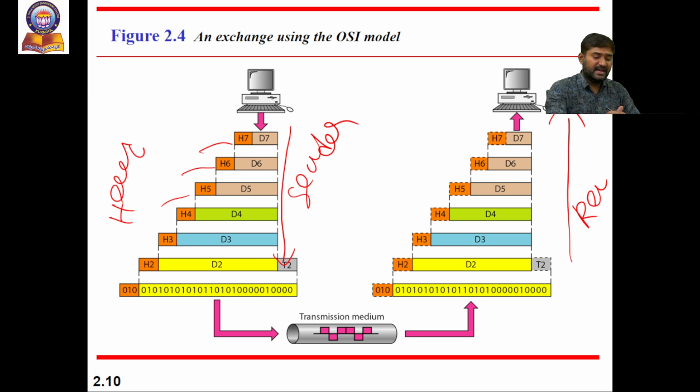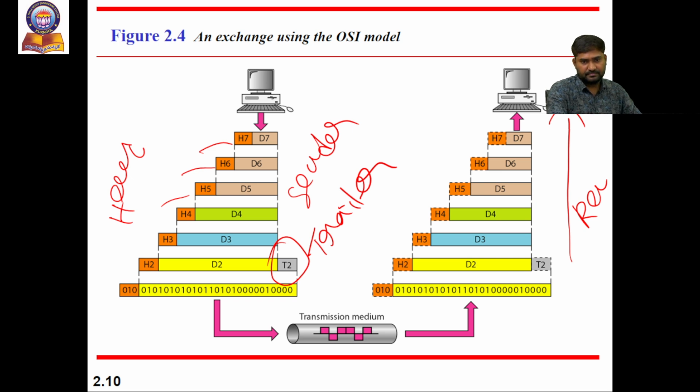And coming to the data link layer, observe that there is a T2. What is T2? It's a trailer. So at every layer we are adding some important information.